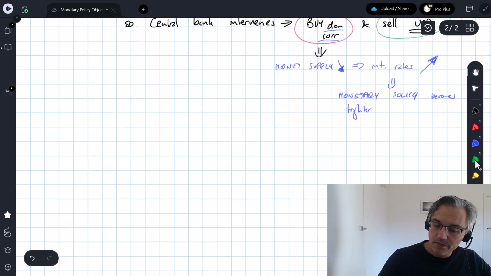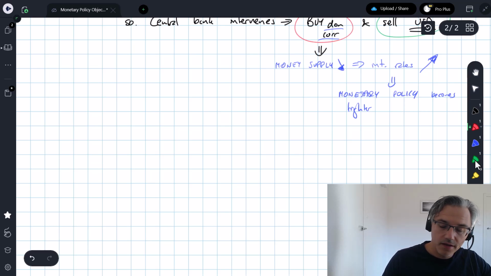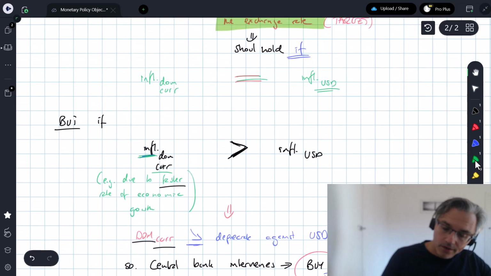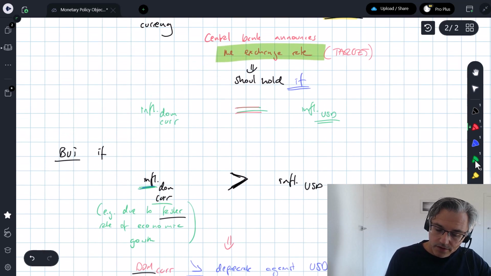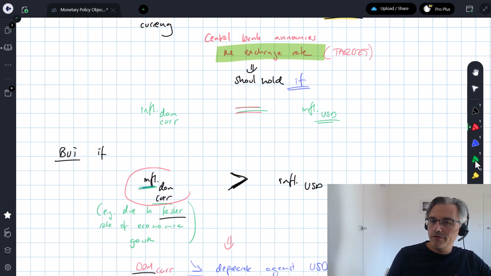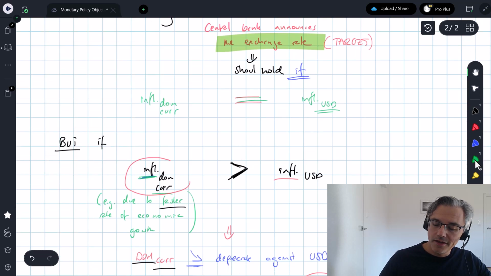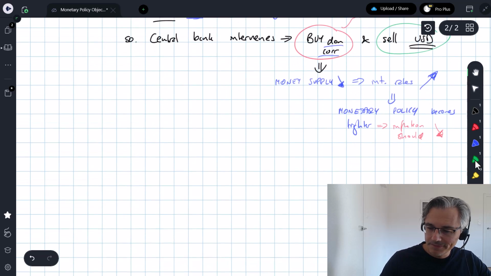And if monetary policy becomes tighter, obviously inflation should go down, and you kind of resolve the problem which started with your inflation in the domestic currency being higher than that of the country whose currency you are targeting.